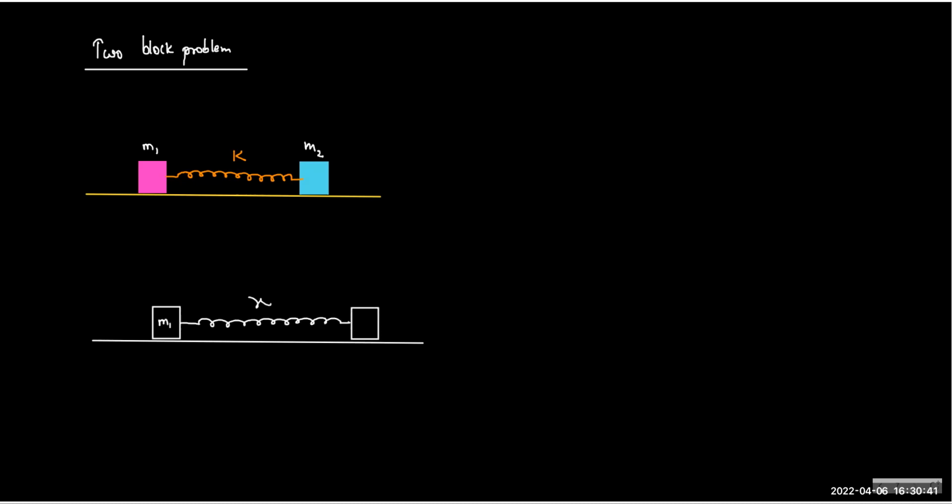You can choose one of the blocks as a frame of reference, find the net force on the other block, and then do the SHM using the basic approach which you learned in the last lecture, how to solve questions of SHM. Now you are going to solve the SHM question in the non-inertial frame, and therefore you have to use the pseudo force apart from the actual force acting on the block.